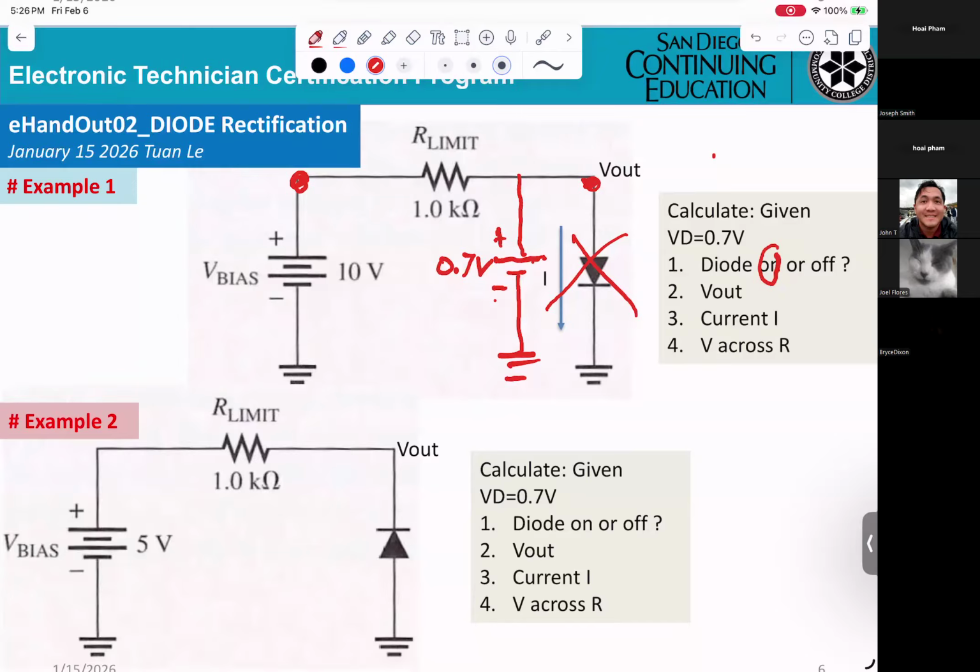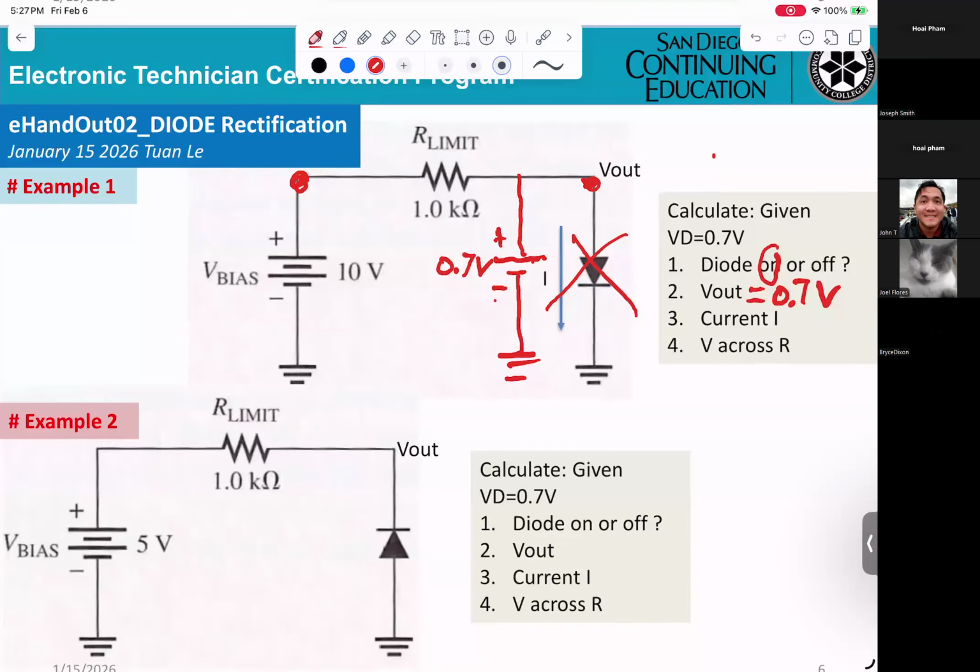All right, 0.7 volt. That's the voltage of the diode. So the answer will be 0.7 volt. You get that? Make sure you understand that this is the basic, minimum thing you must know. If any question, just let me know.